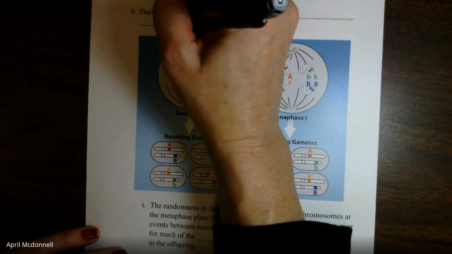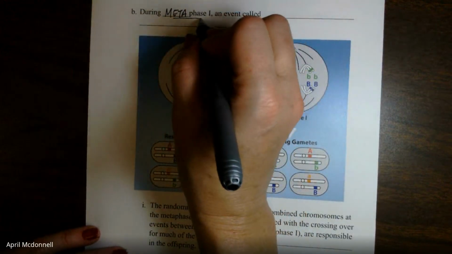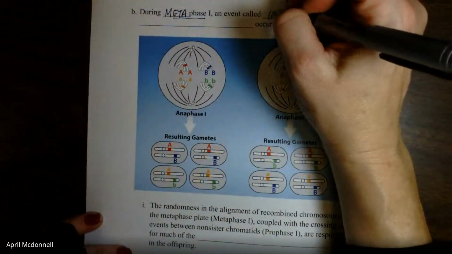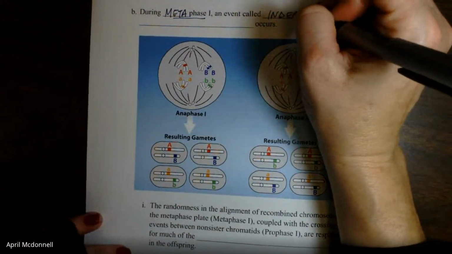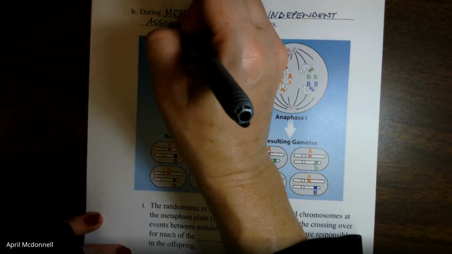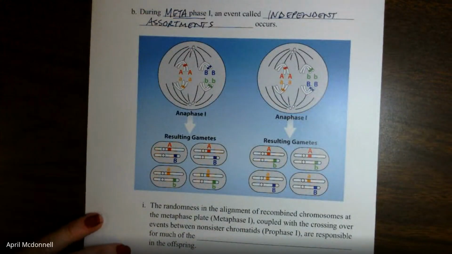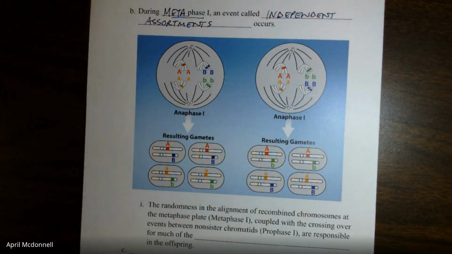Okay, during metaphase 1, we're still talking about the stages of meiosis. An event called independent assortment occurs. And this further shuffles up the DNA.